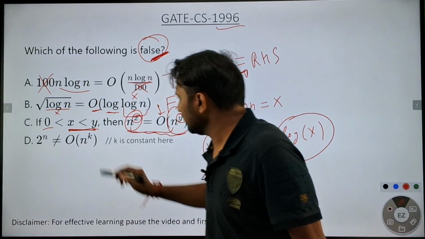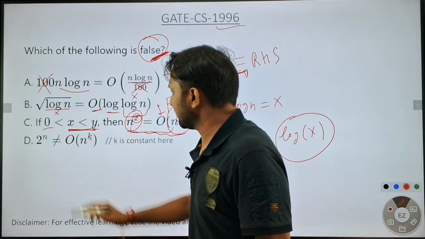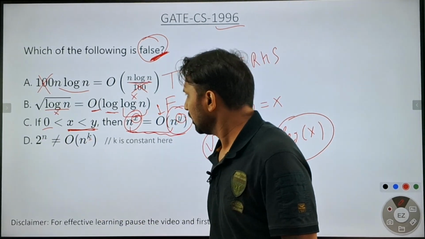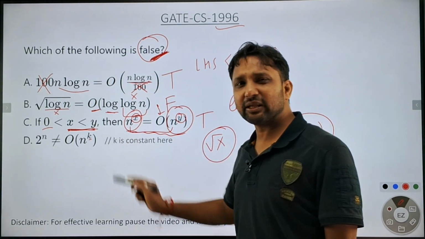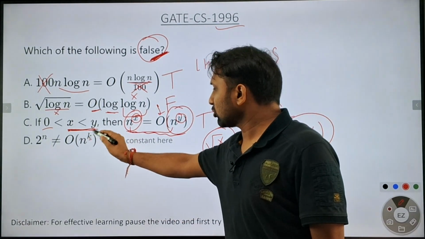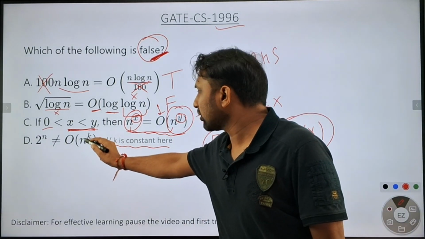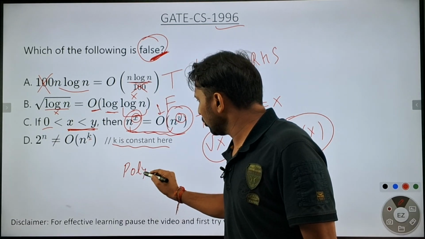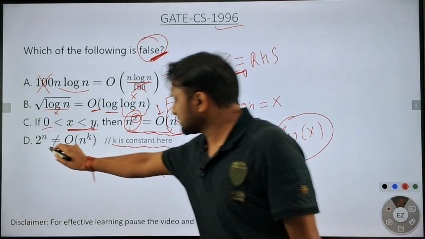What about this one? Here k is a constant, n power k is given, and here 2 power n is given. They are saying they are not equal. We cannot represent it like this. If we have something in the power of a constant, that is a polynomial. Polynomials are smaller than exponential, and this is exponential.